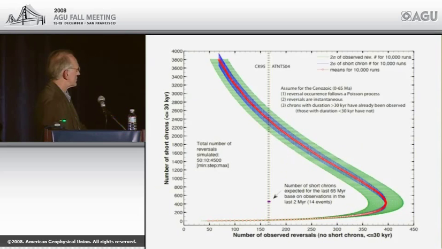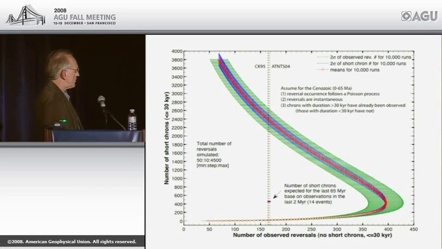One way in which you can seek to understand this better is to use a simulation of the Poisson process by increasing the number of reversals within the Cenozoic. So let's say we start at 50 and we increment the number of reversals in the Cenozoic by 10. We simulate the Poisson process for that number of reversals.